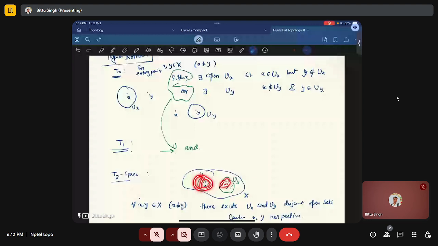So what is the problem in this case? To get the implication T3 implies T2, the points need to be closed. But in general, points may not be closed. So T3 may not imply T2.